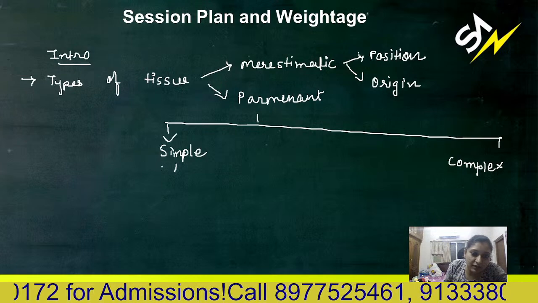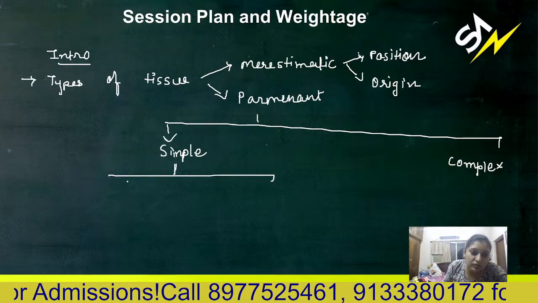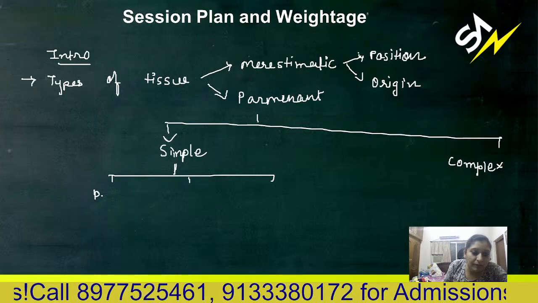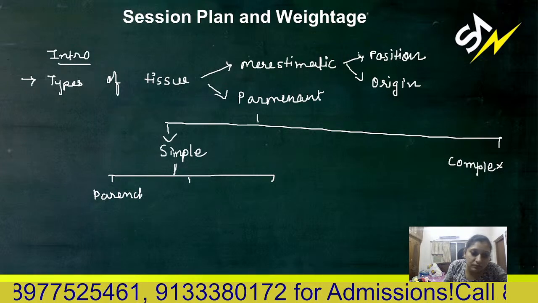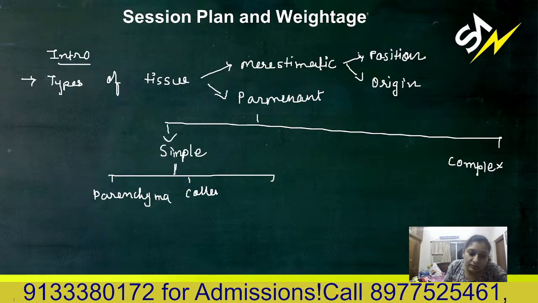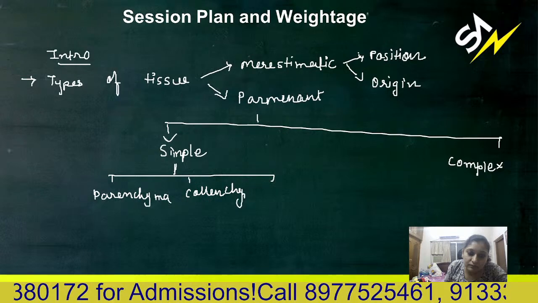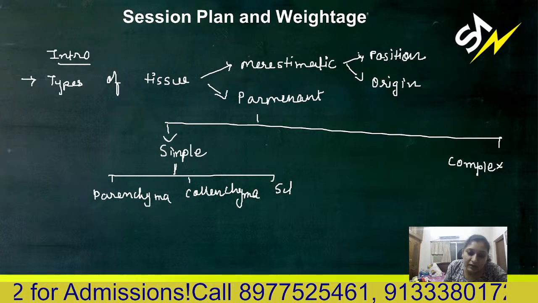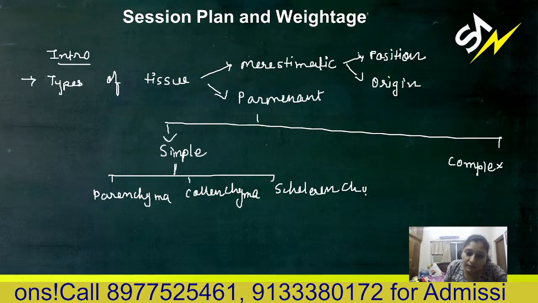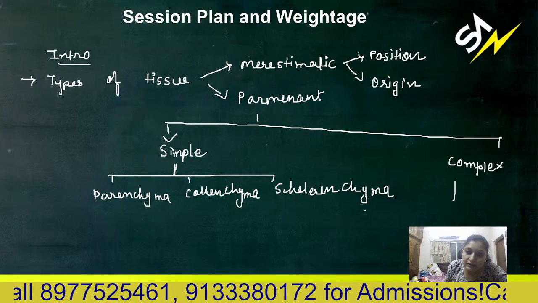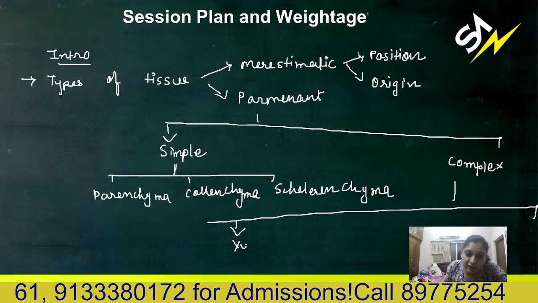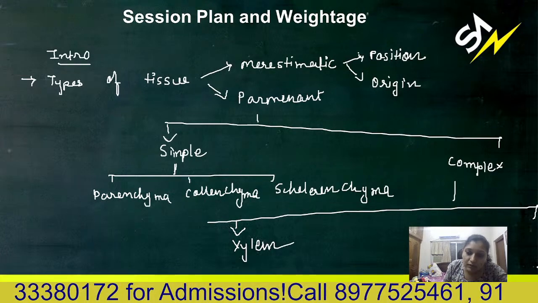Simple can be divided again into 3 types: parenchyma, collenchyma, and sclerenchyma. Complex tissue is again divided into 2 main types: xylem and phloem.